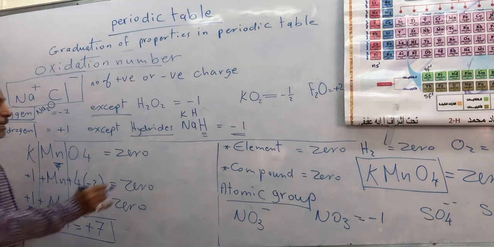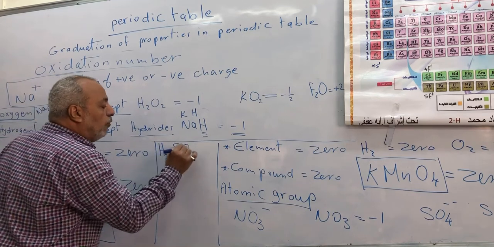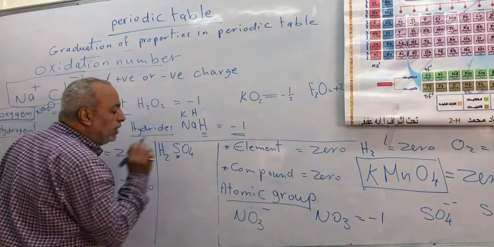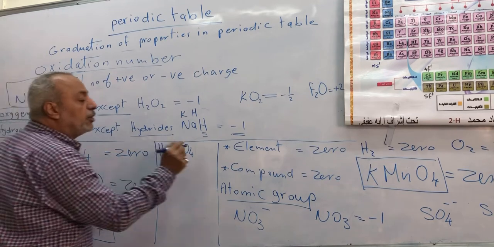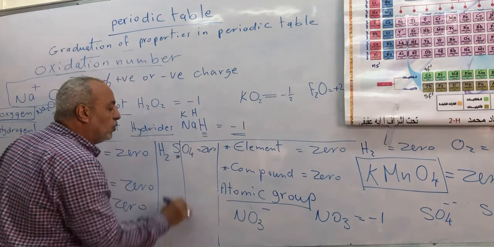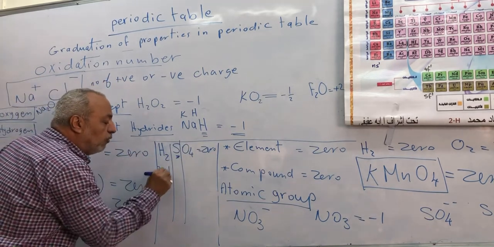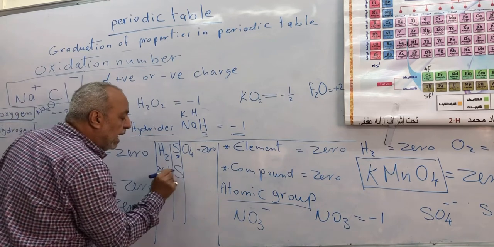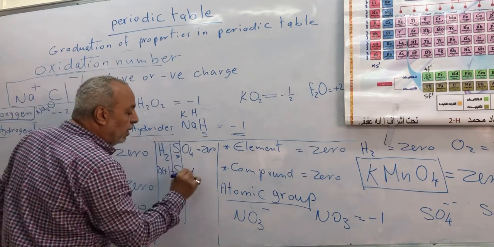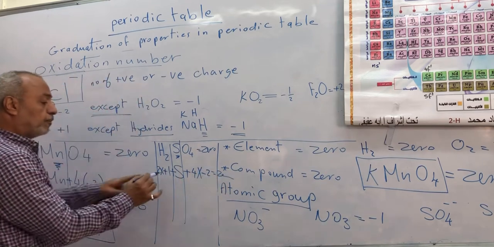If we have another example, H2SO4, and they ask me to calculate the oxidation number of sulfur. This is a compound, so the summation equals 0. H2, 2 times positive 1, S unknown, plus 4 times negative 2 equals 0.